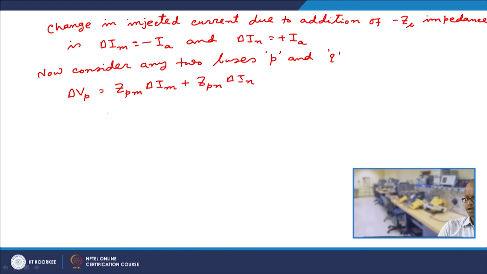If I put it, it would be equal to Z_pn minus Z_pm into I_a.